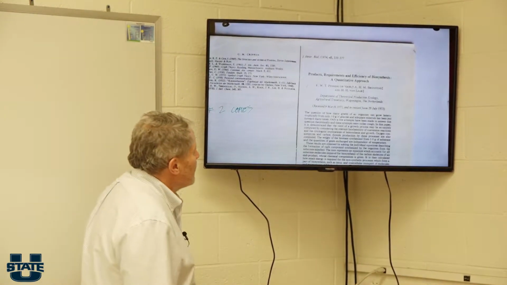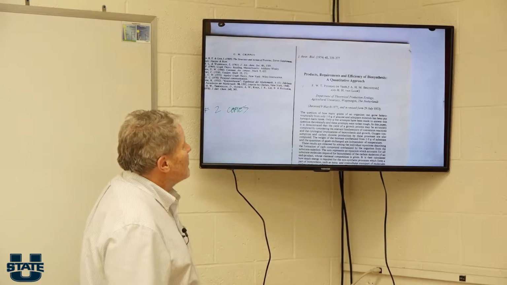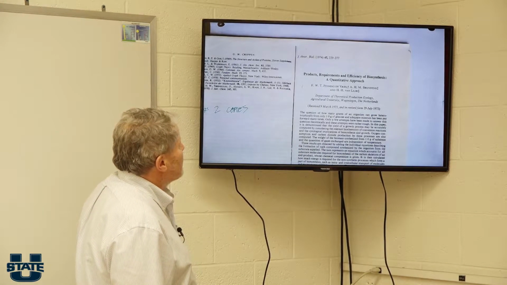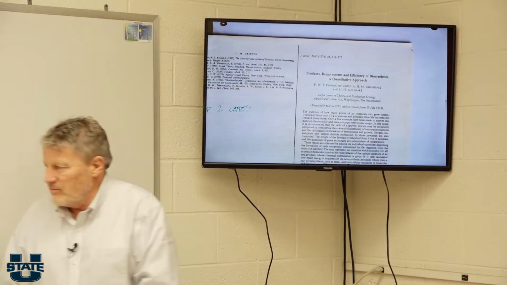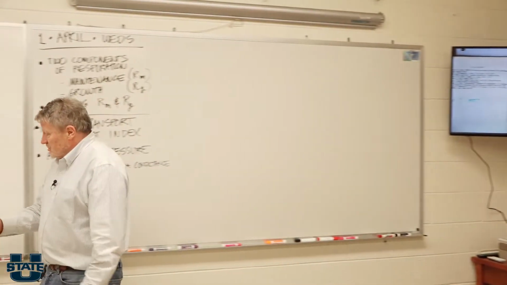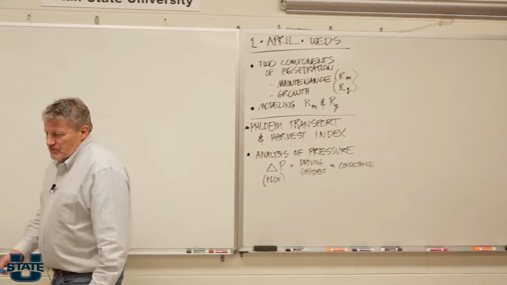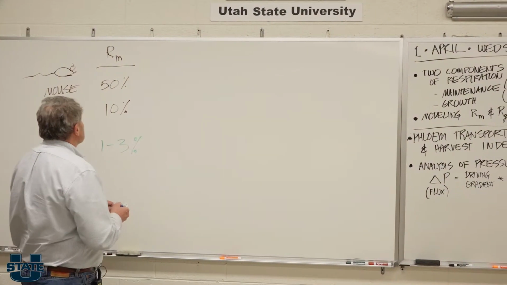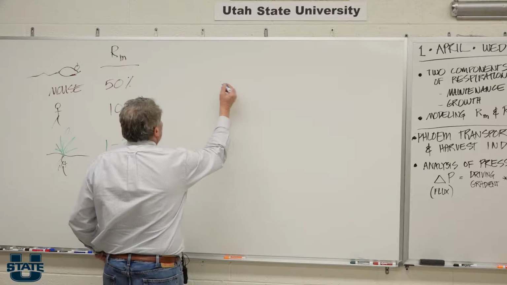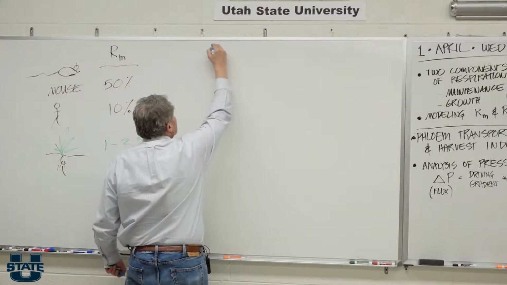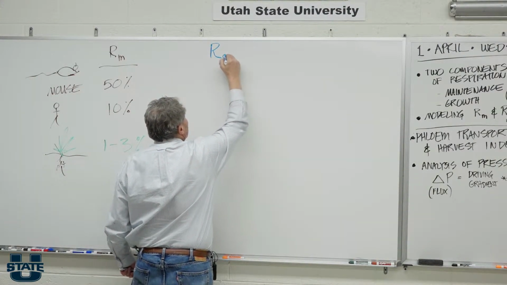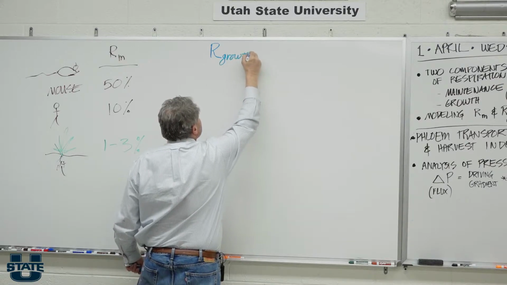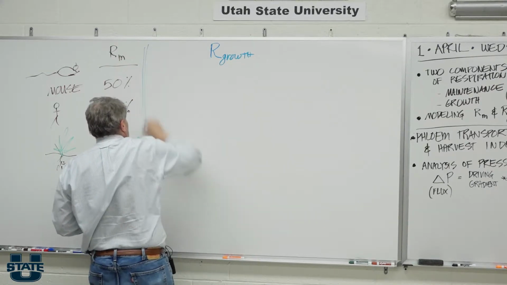I don't remember how, this is a long paper, it's almost 50 pages long. I remember studying this when I was in graduate school. But let's put a couple numbers up here, just to give you a sense of this. This now is respiration growth. So it's a separate thing here.